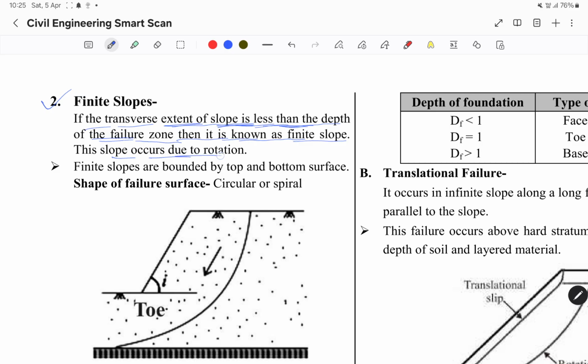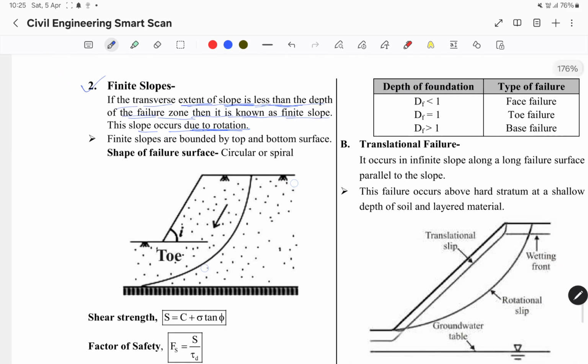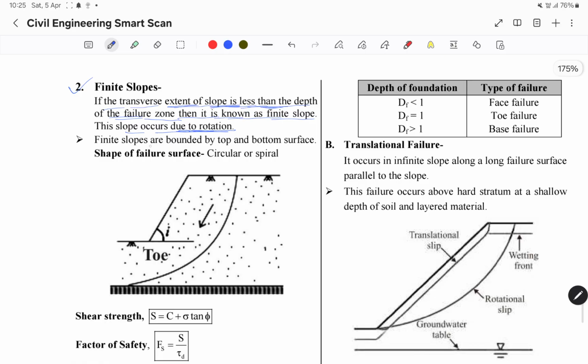This slope occurs due to rotation. Finite slopes are bounded by the top and bottom surface. Shape of failure surface is circular or spiral.